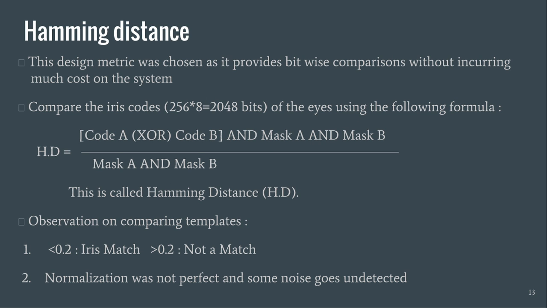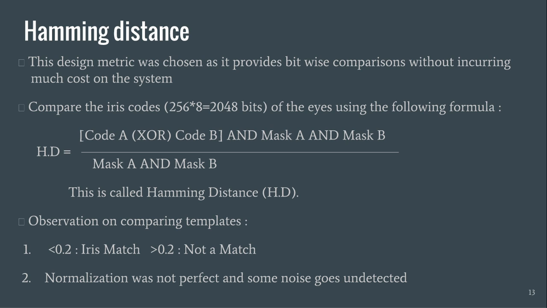The Hamming distance was chosen because, as you know, it provides bitwise comparison and it is easy to implement. Hamming distance basically tells you the difference in the position of bits between the two templates. So it compares the iris codes, which might have this number of bits if you are using 8-bit grayscale images.